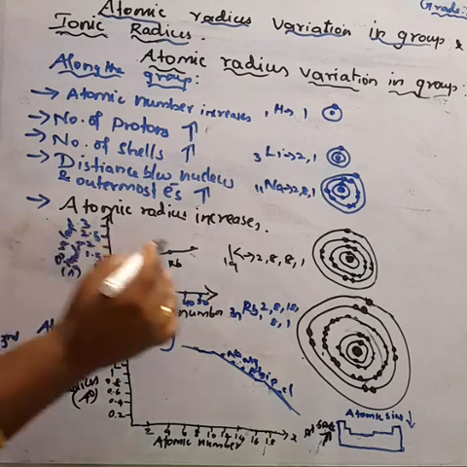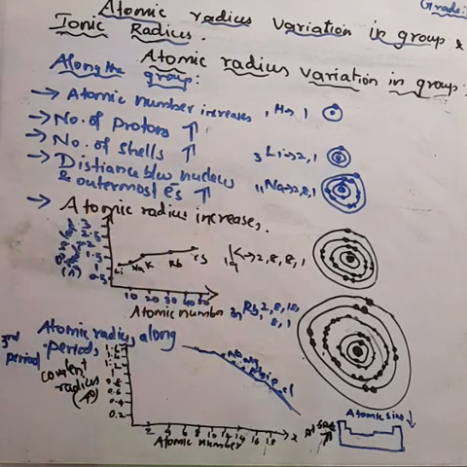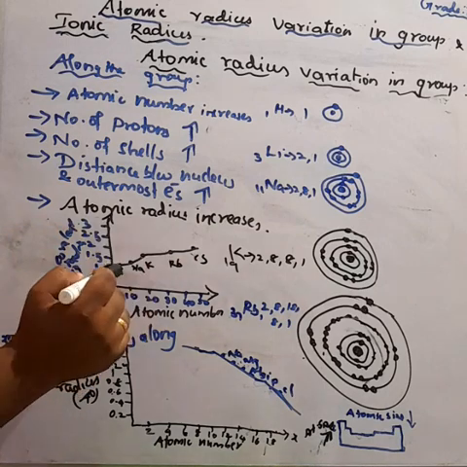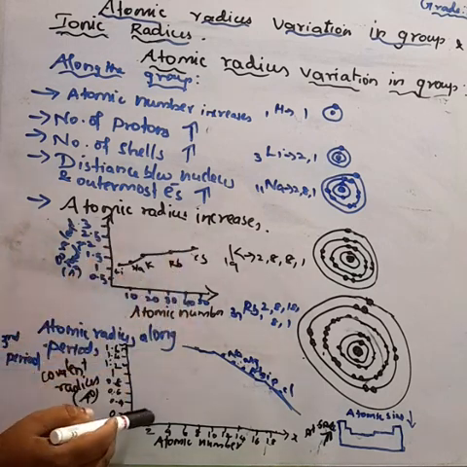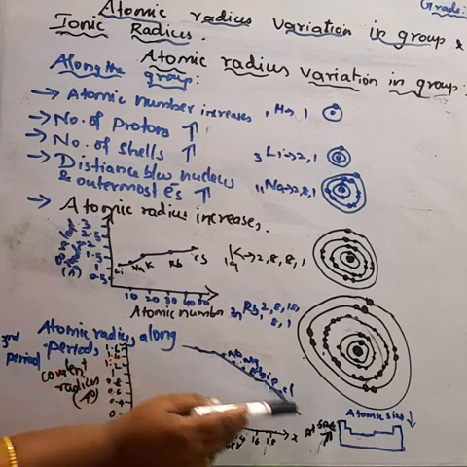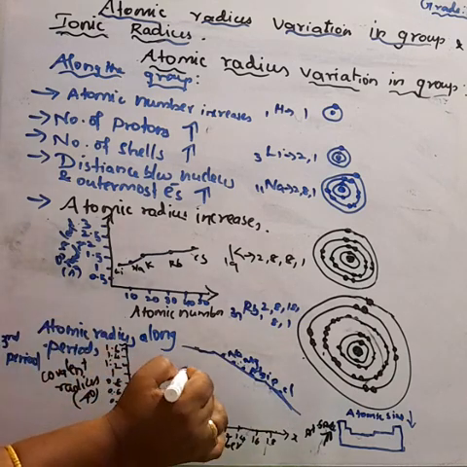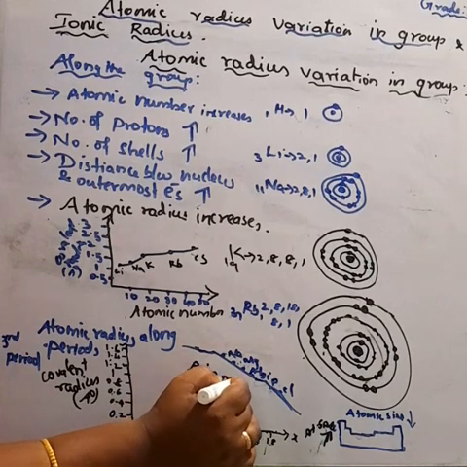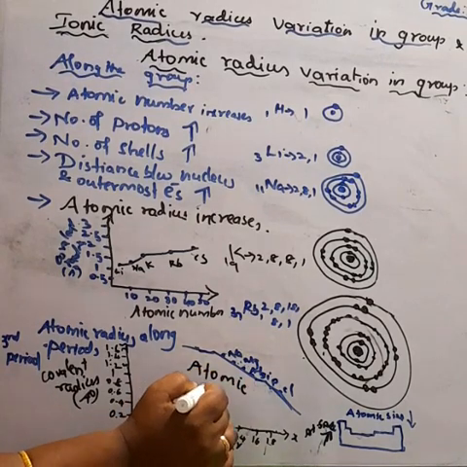When we are moving from top to bottom, atomic radius increases. This is another graph, of the third period elements, variation of atomic radius in a period. When we are moving from left to right, atomic radius decreases gradually.